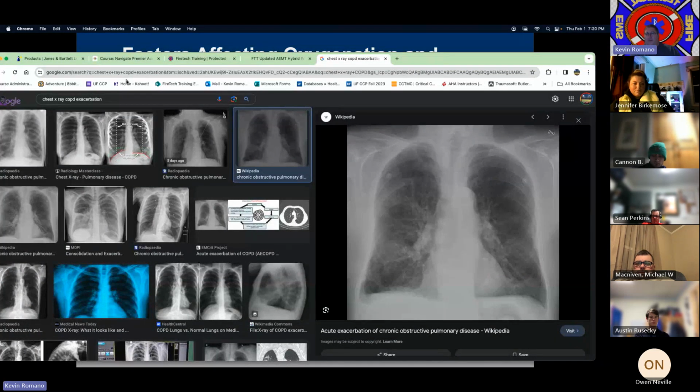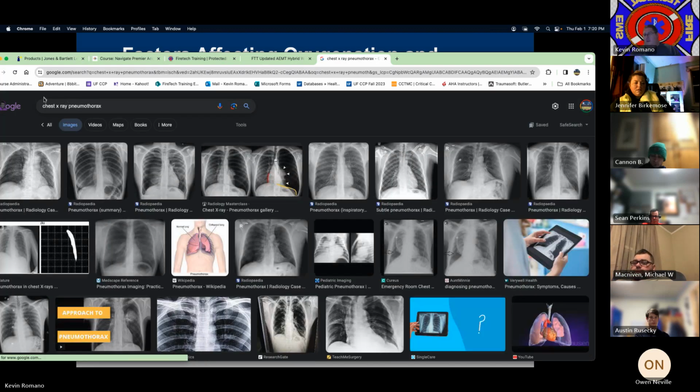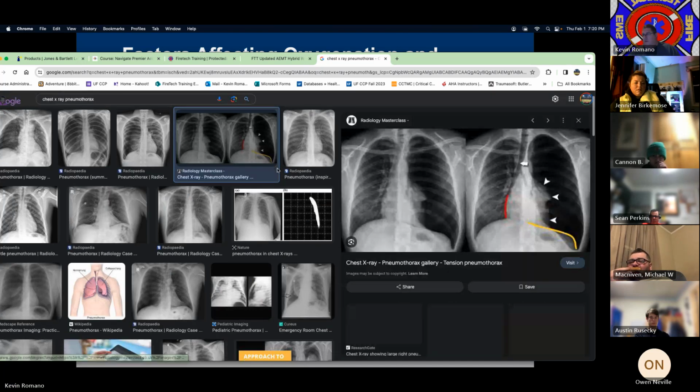You guys see the screen okay again? Chest x-ray of this is a pneumothorax. I'll just click on this one here because it's just easier. Okay.